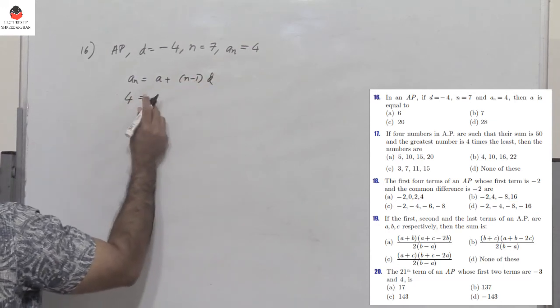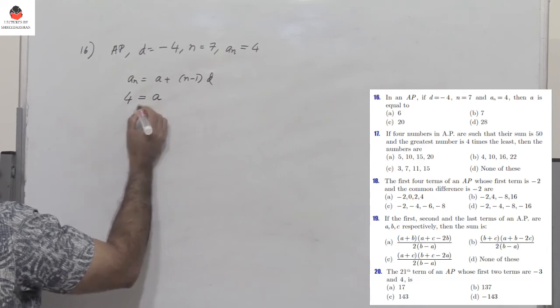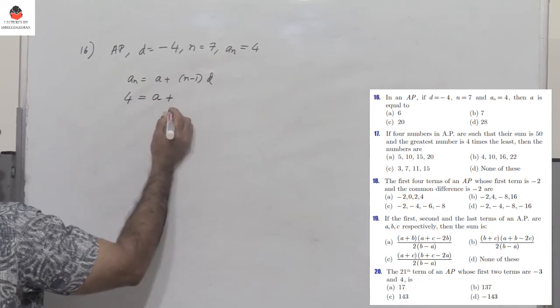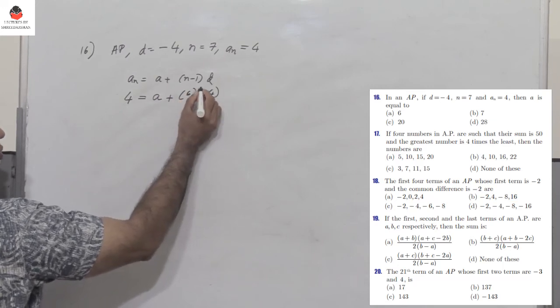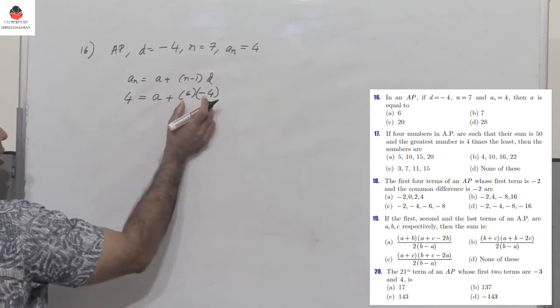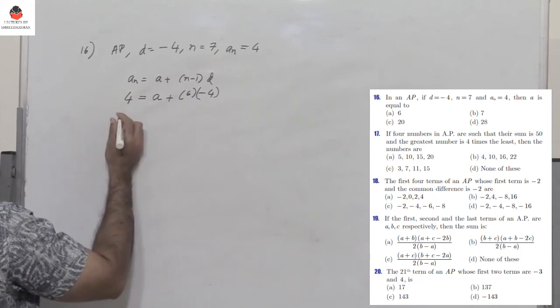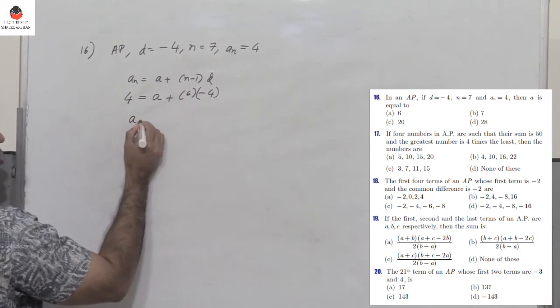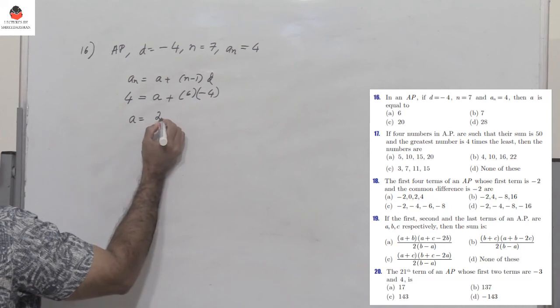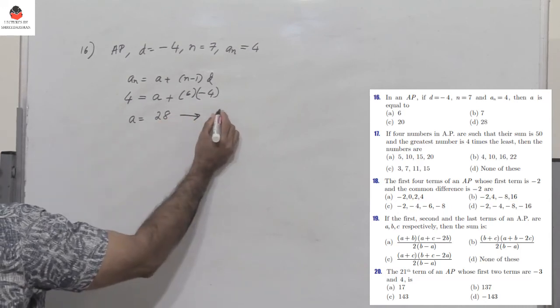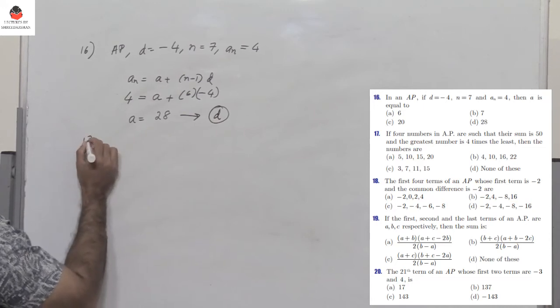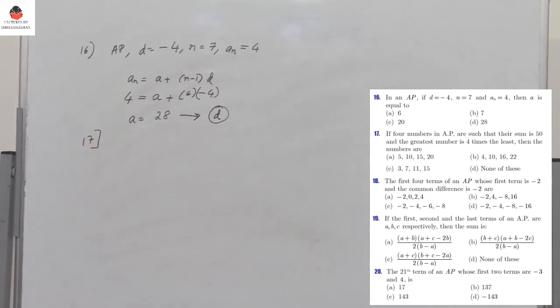An is 4 and a is unknown, plus n is 7, 7 minus 1 is 6, into d is minus 4. Right? So you have minus 24, which goes to the other side, becomes plus 24. So a is 24 plus 4, which is 28. So the value of a is 28 and the option is D. A very simple problem.